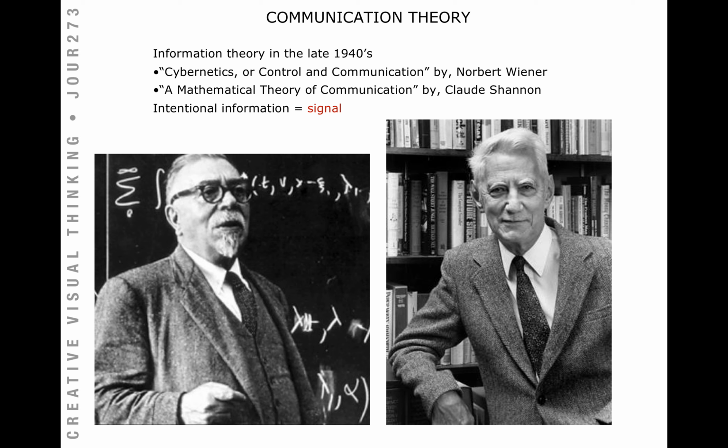Norbert Weiner and Claude Shannon stated that all information to be transmitted intentionally was to be called a signal, and anything transmitted unintentionally was going to be called noise. But that was far too restrictive for many aspects of human communication.